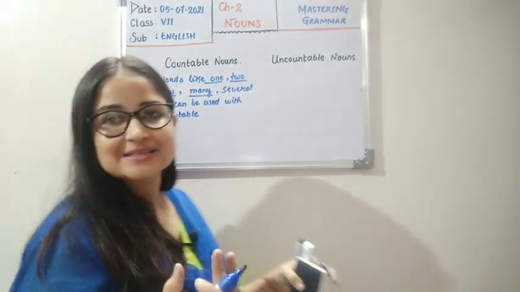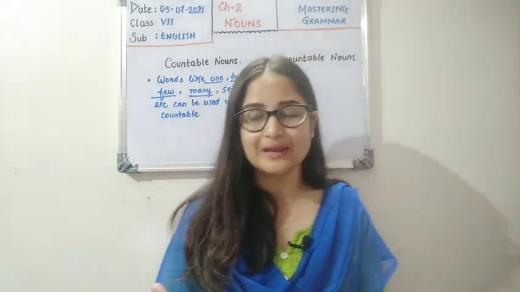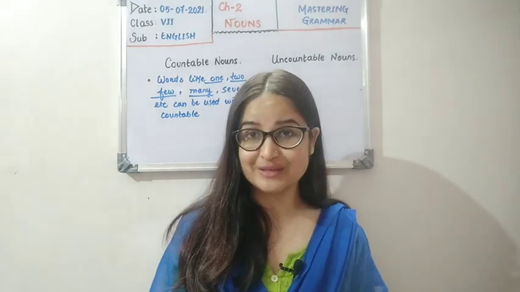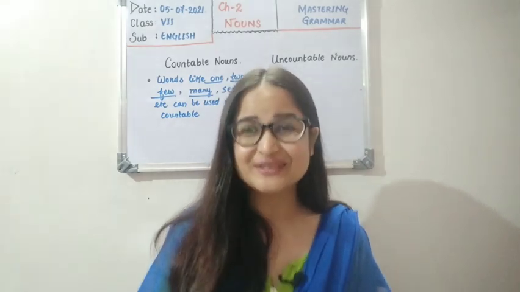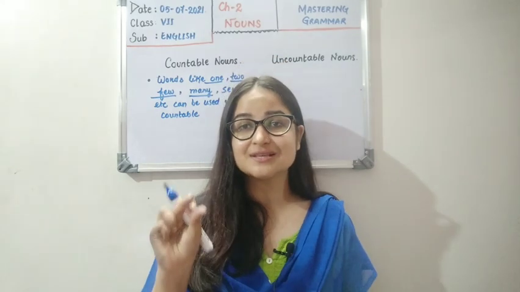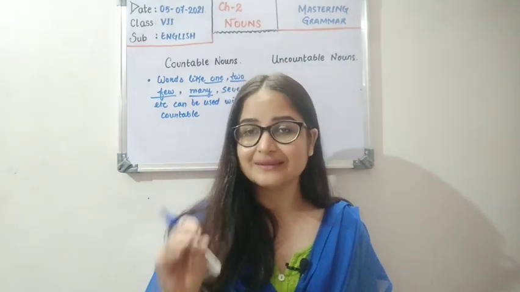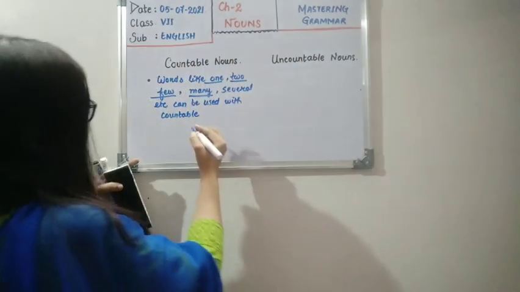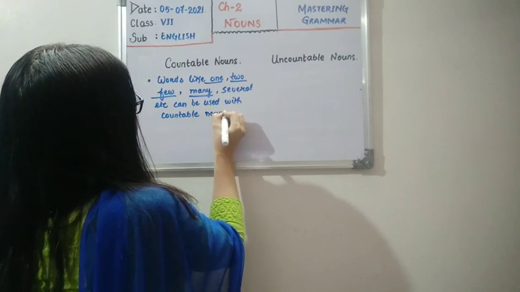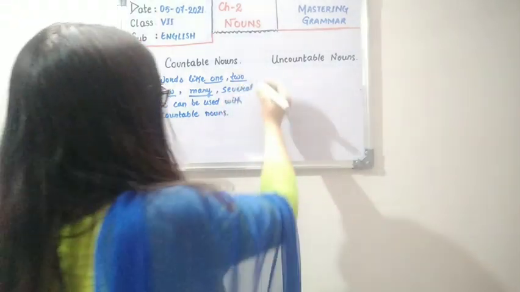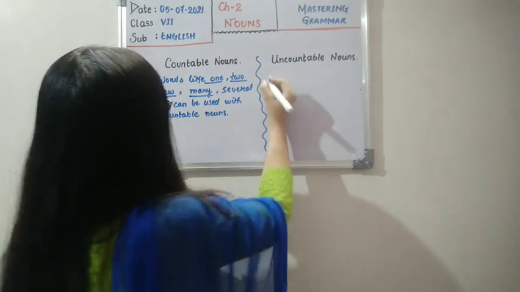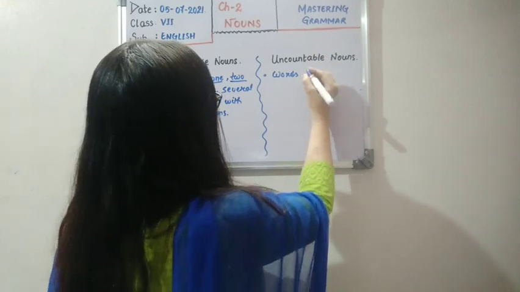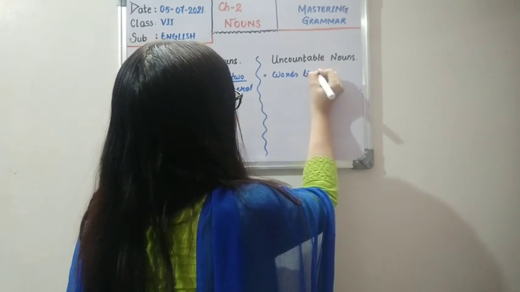We use these words which are specifying number. Actually, we can understand that these words tell us the number, like one boy or two boys, three boys, several boys, many boys. So we see that they are specifying a certain number. There is a particular number that we can count. We use these with countable nouns. It's exactly the opposite for uncountable nouns. Because I told you this cannot be counted, we cannot say one or two.